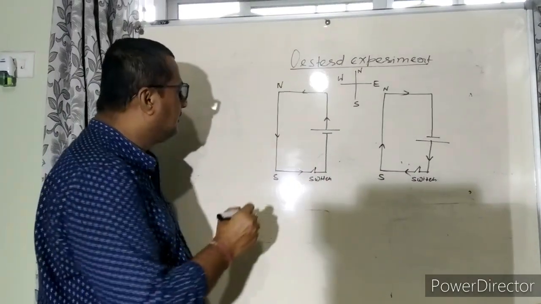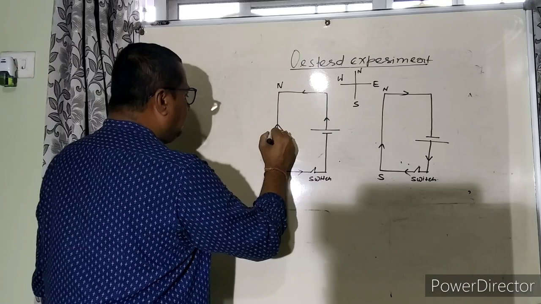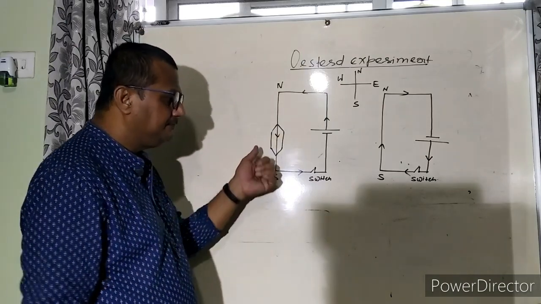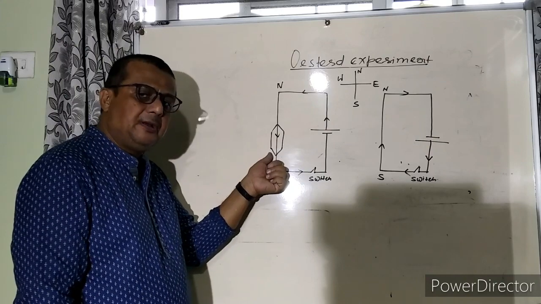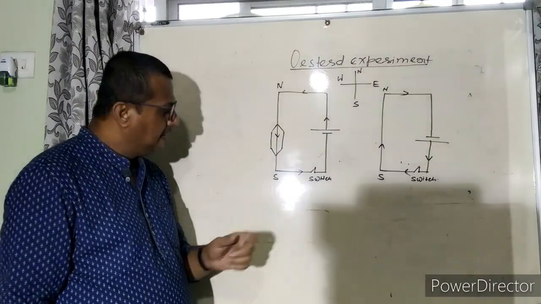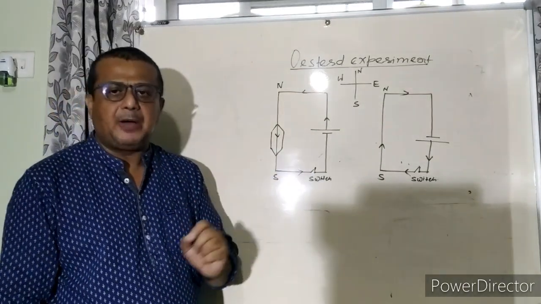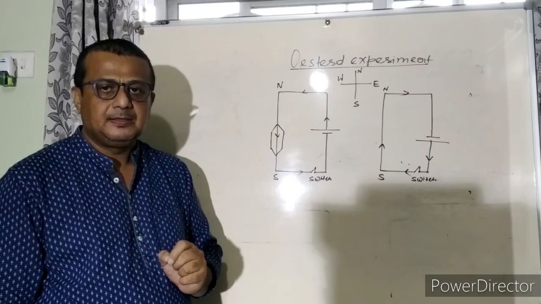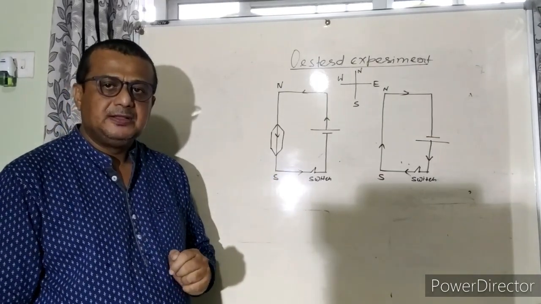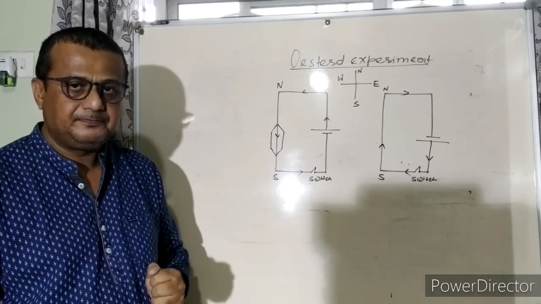Then he has kept a compass needle just near this wire. He finds that when switch is off, there is no deflection in compass needle, but when switch is on, there is sharp deflection in compass needle.